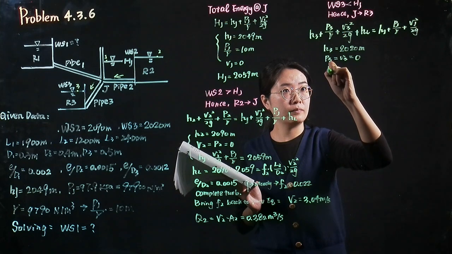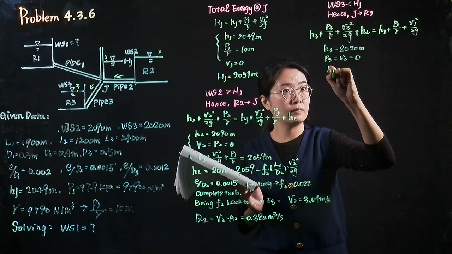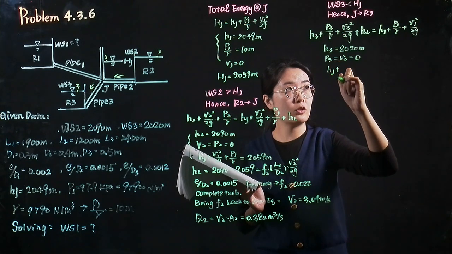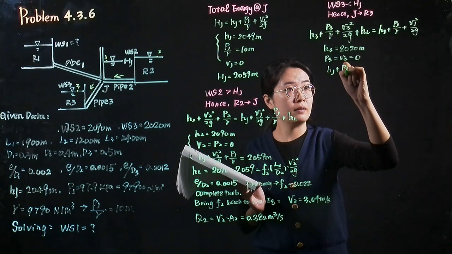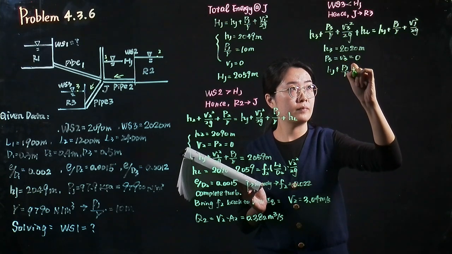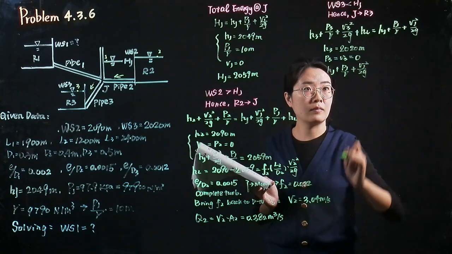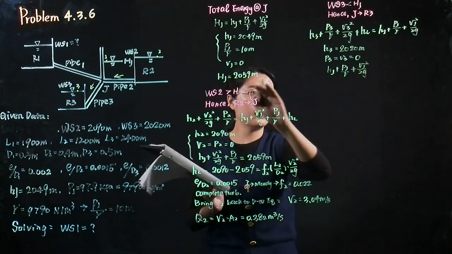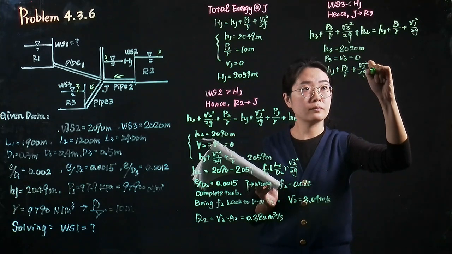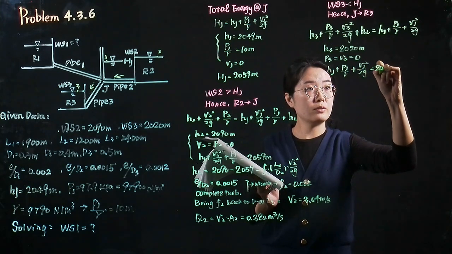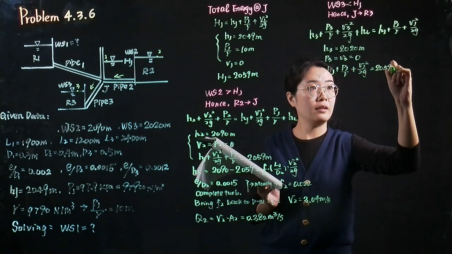And the total energy at point J is given here. It equals 2059 meter.